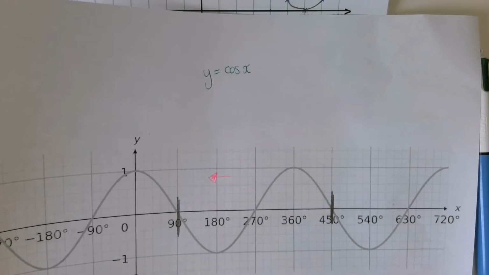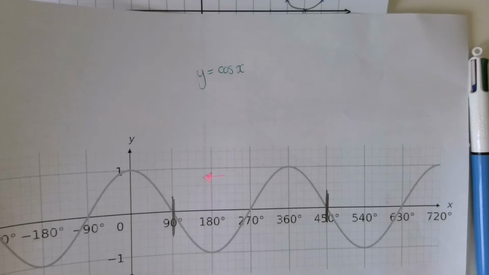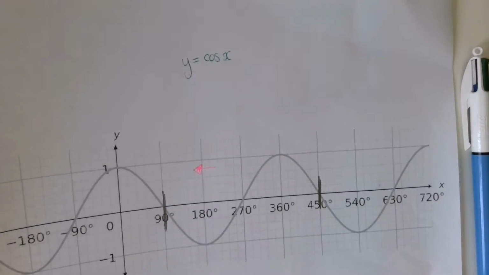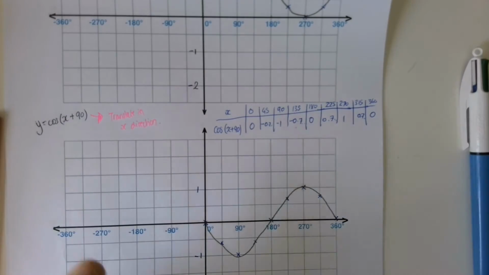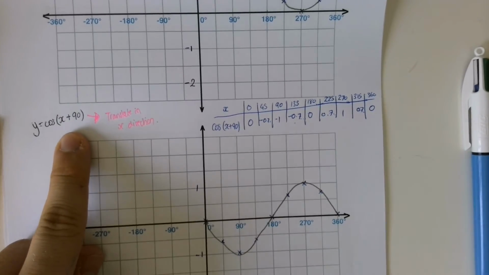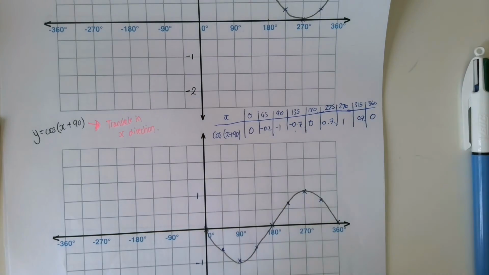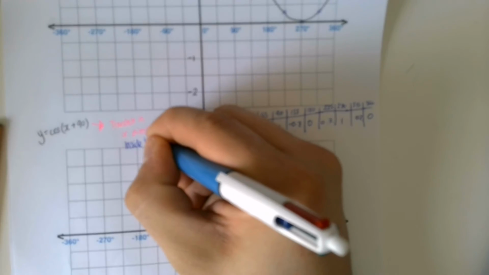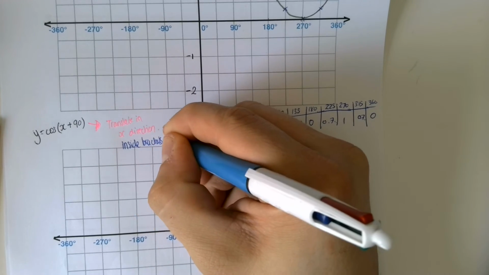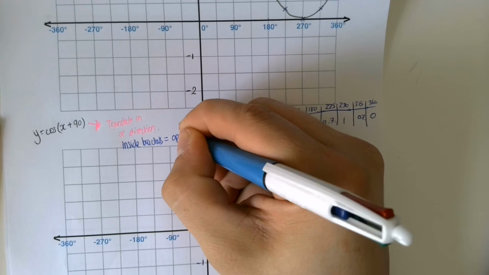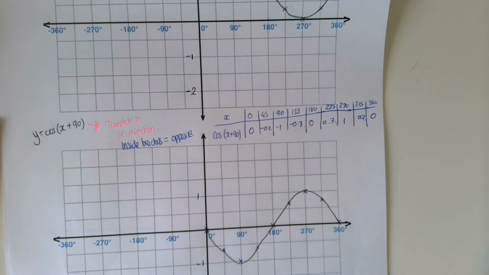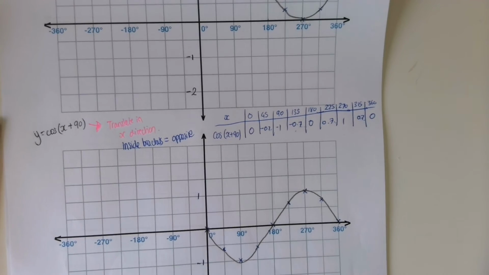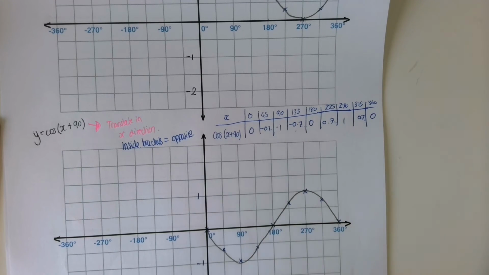I've moved it in the negative direction. Whereas when you're adding it on, you'd expect to be moving in the positive direction. Well, whenever you are working inside the brackets, the opposite happens. Okay, so whenever you are working inside brackets, you're going to end up doing the opposite to what you would expect. So you would translate it by 90 degrees, sorry, by 90 squares, 90 whatever you want to call it, to the left rather than to the right.